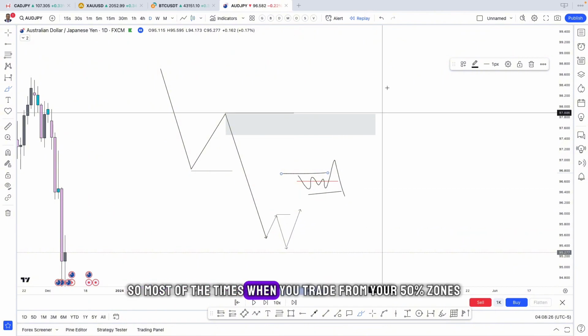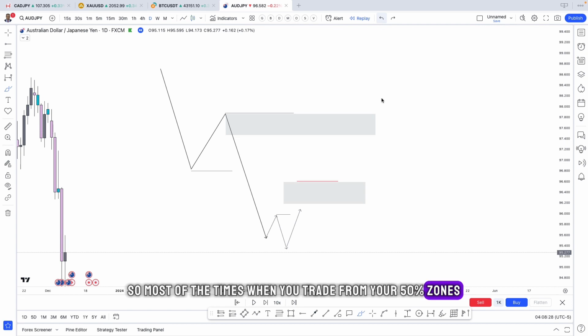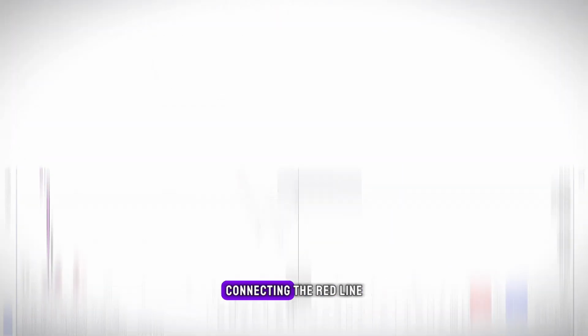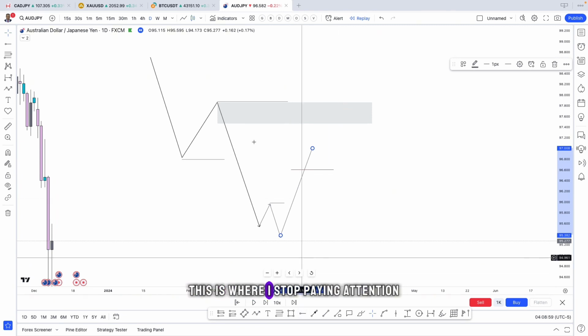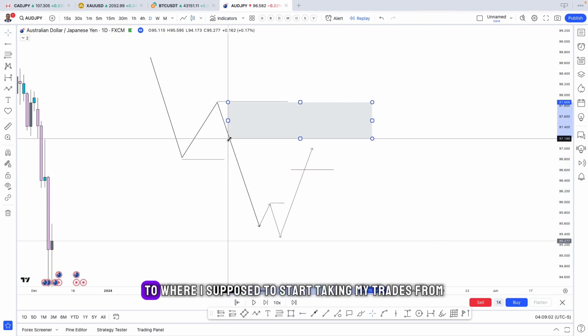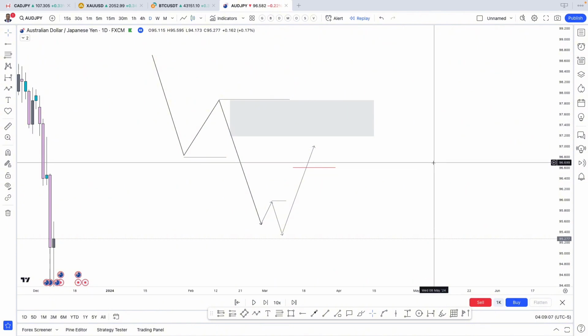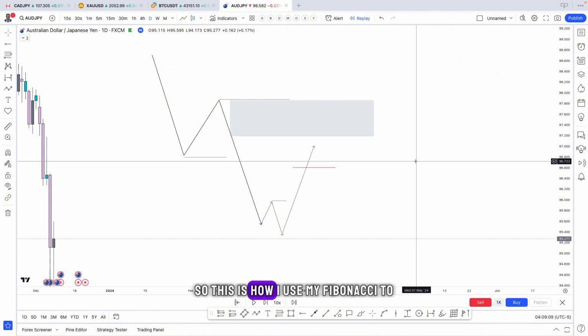Most of the time when you trade from your 50% zones, trust me, you're going to have a lot of noise. Crossing the red line, this is where I start paying attention to where I'm supposed to start taking my trades from. So this is how I use my Fibonacci for retracements. Let's see it on a live trade.